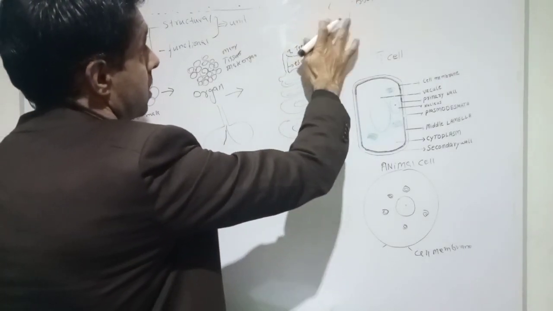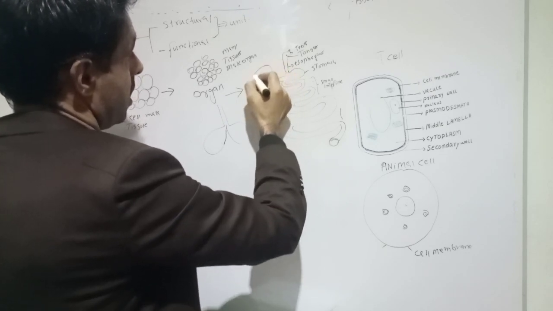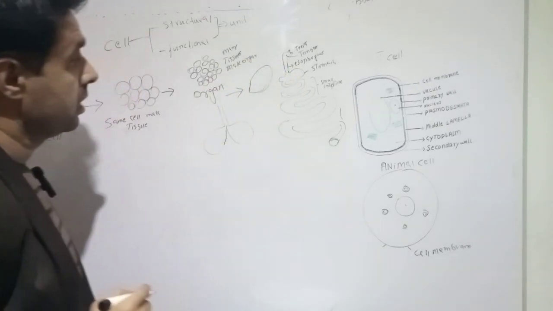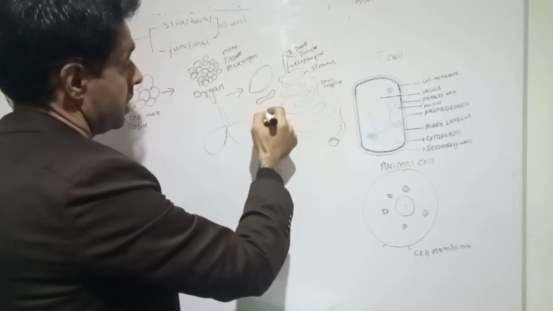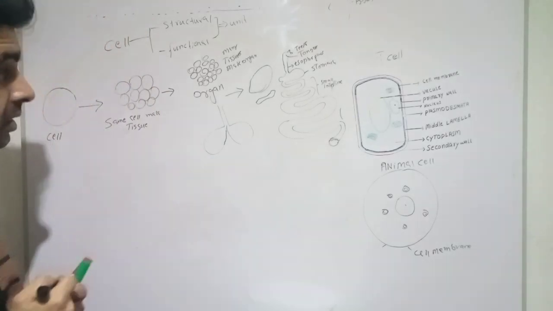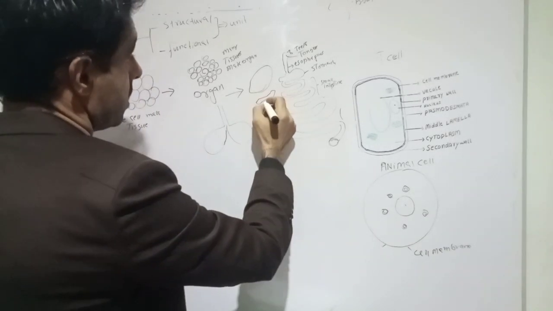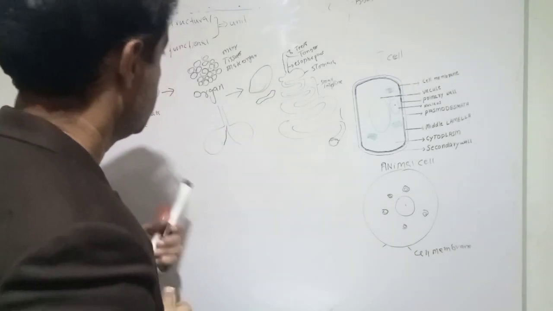It is the liver, and it is our pancreas. Now, how many organs are involved here? One, this is the organ. I would like to highlight it.